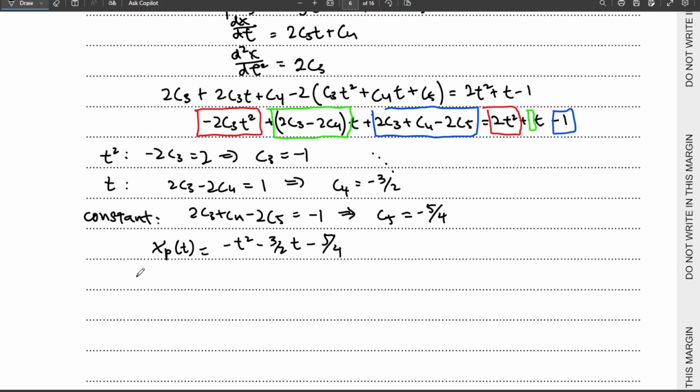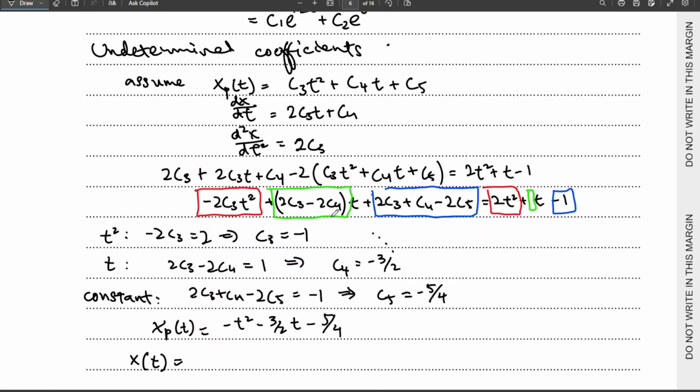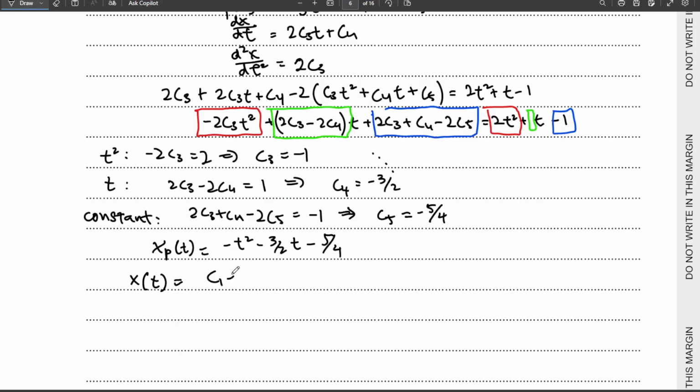And therefore, our general solution of x, we just have to add this one with the homogeneous solution. So we have c1e negative 2t, c2t minus this particular solution.